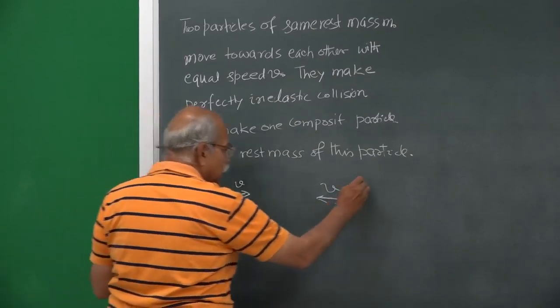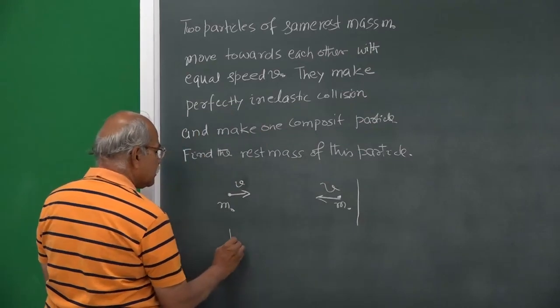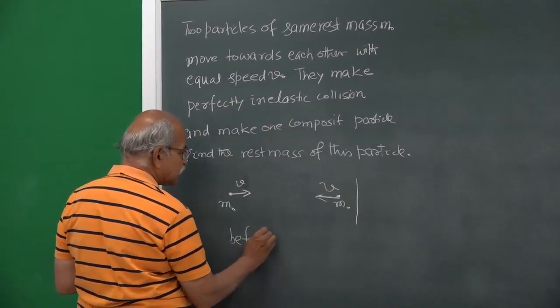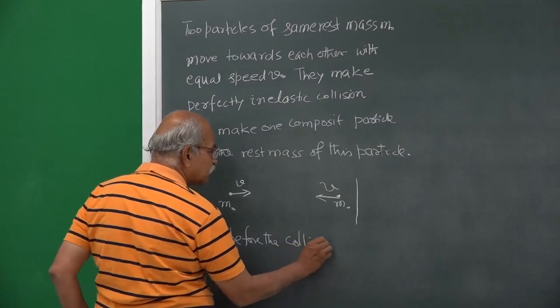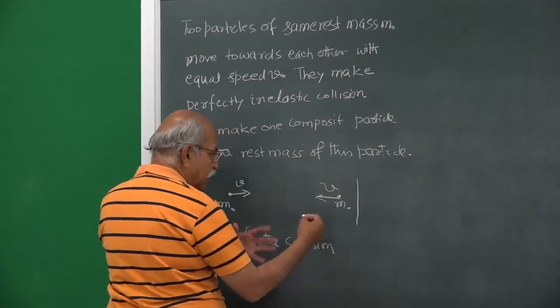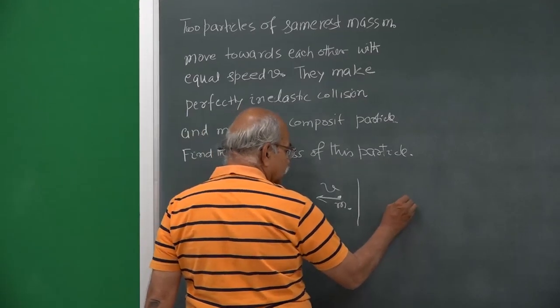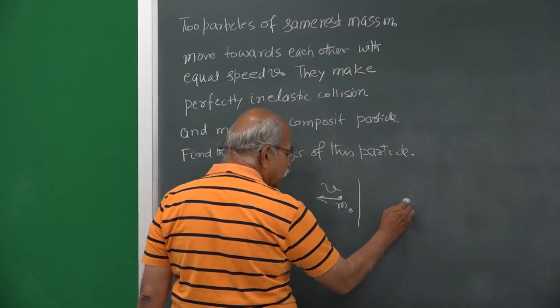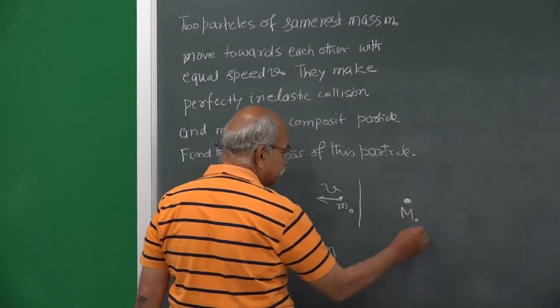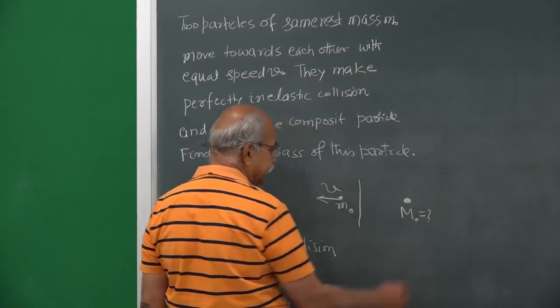This is the situation before the collision, and after the collision they combine and make one single particle, and you have to get the rest mass of that particle. That is the question.